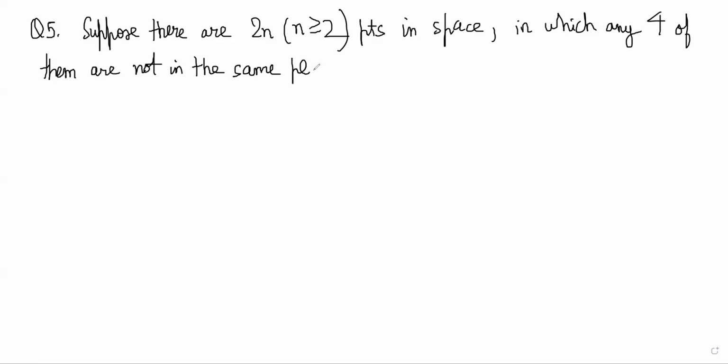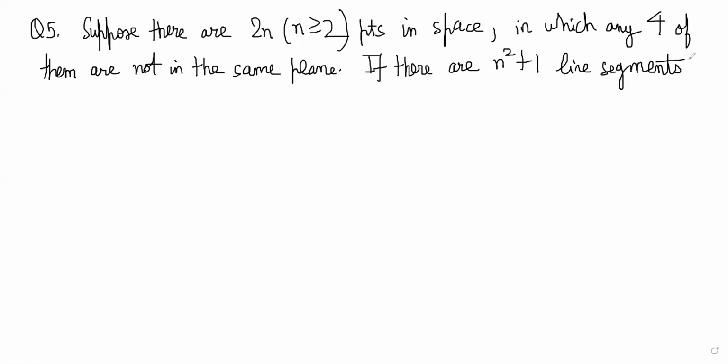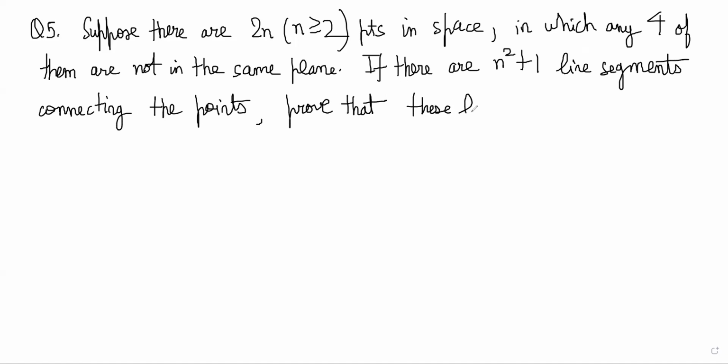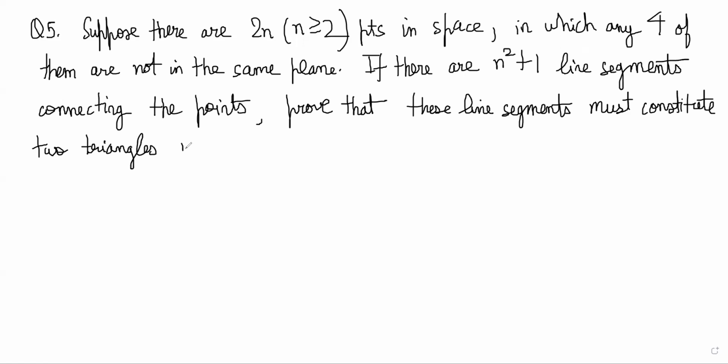If there are n squared plus 1 line segments connecting the points, prove that these line segments must constitute two triangles with a common side.